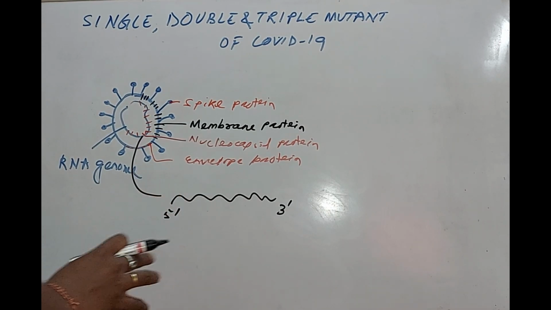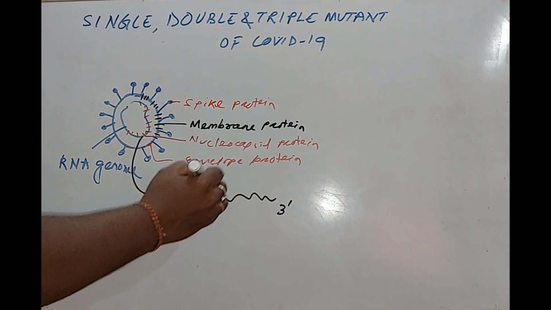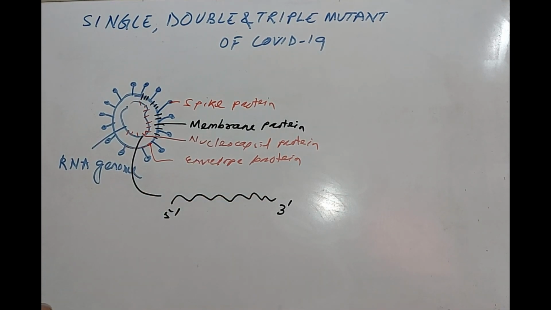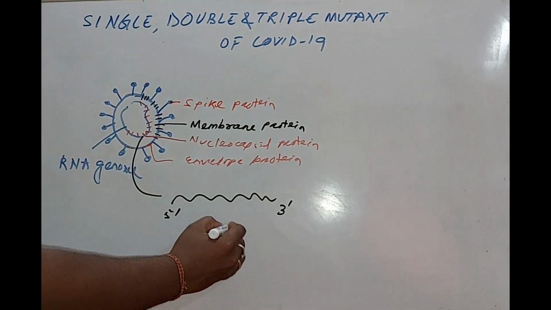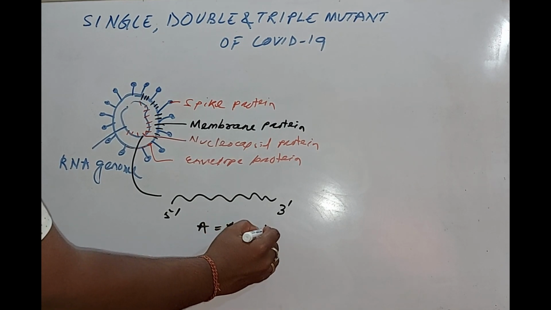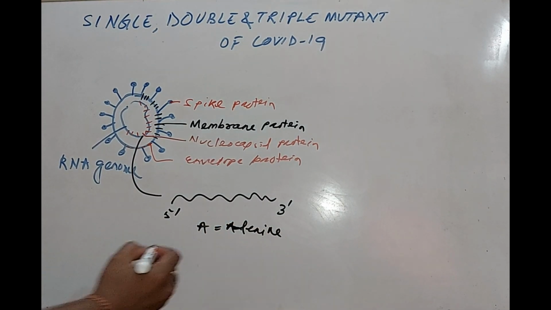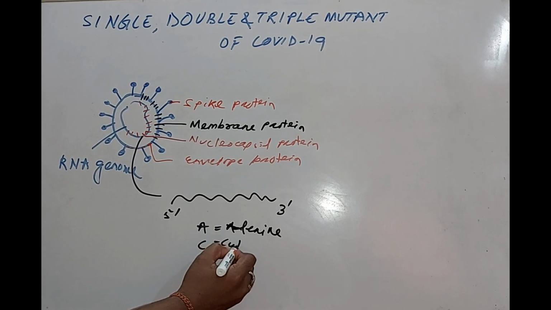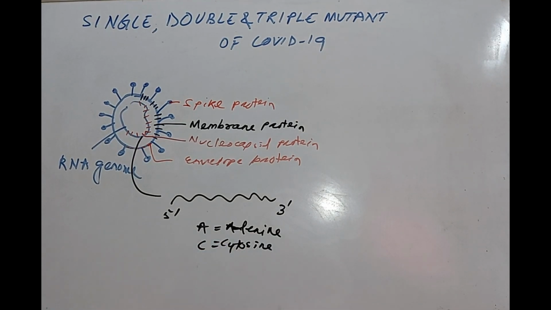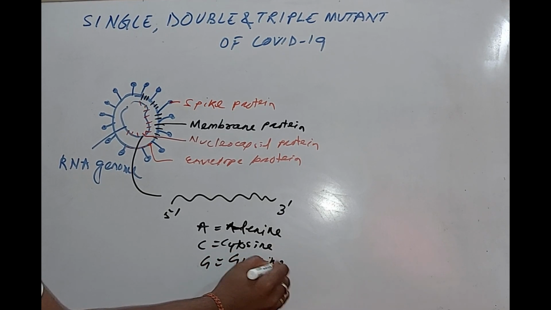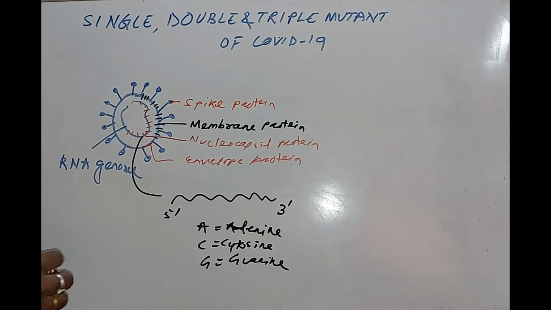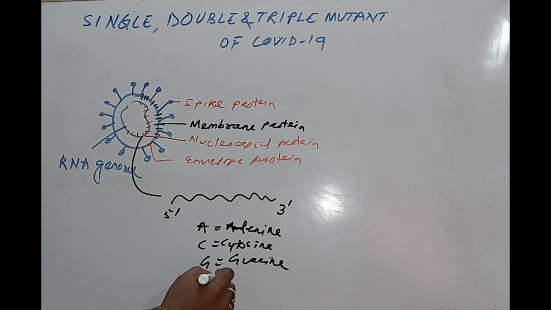And this RNA has different kinds of nucleotide bases: adenine, C that is cytosine, G that is guanine, and another one U, known as uracil.